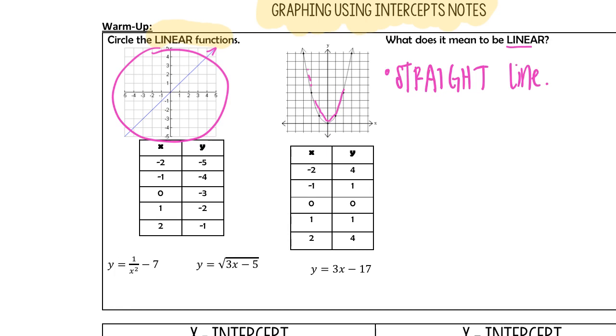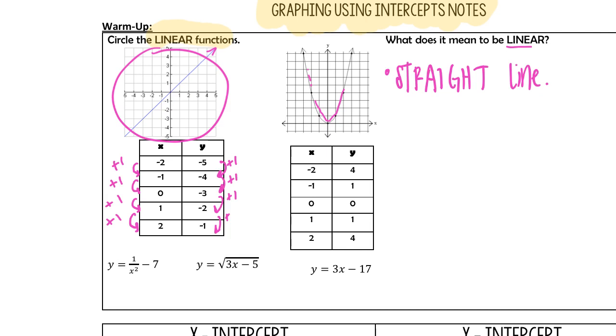In our next table, hopefully you recognize some rates of change. So on this left table, try to find what each of the x values are increasing by. They're each increasing by 1 each time. Corresponding with that, on the right side, they're also increasing by 1, keeping that pattern consistent.